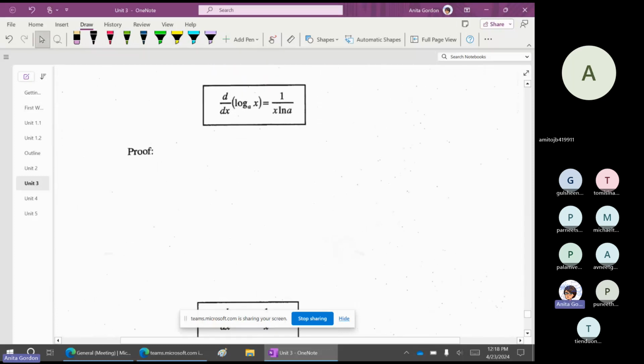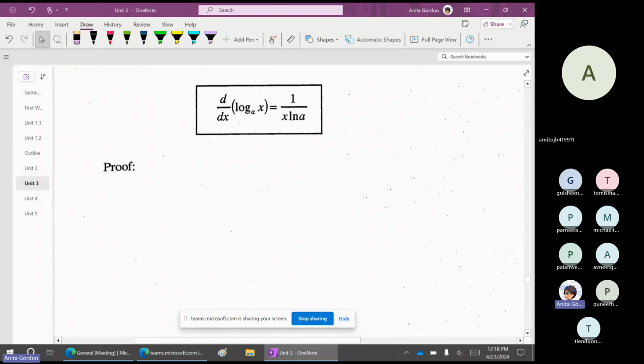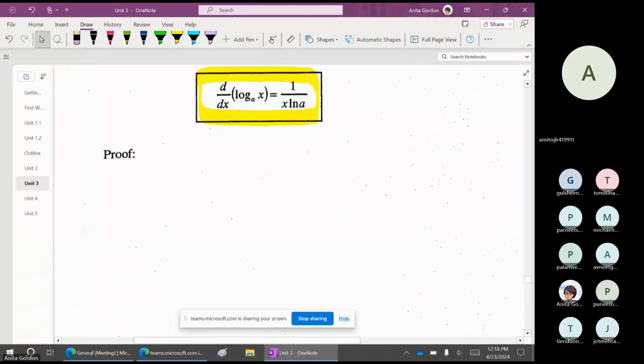Okay, the proof that this is true. Here's the rule. It's on your formula sheet. I will prove to you that this rule is true. Let y, I'm going to do substitution essentially, okay? Let y equal log a x.